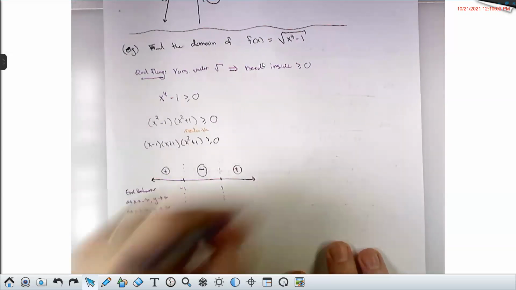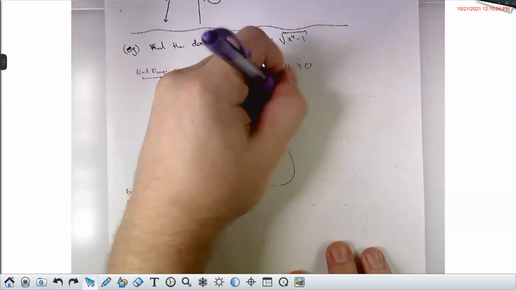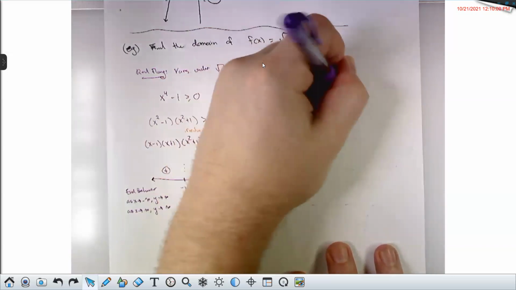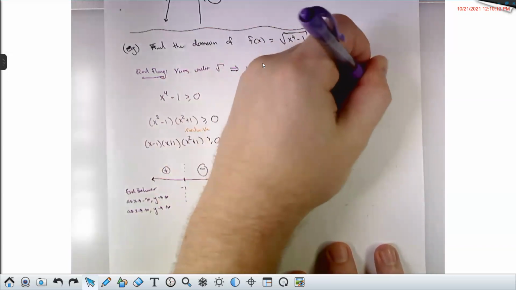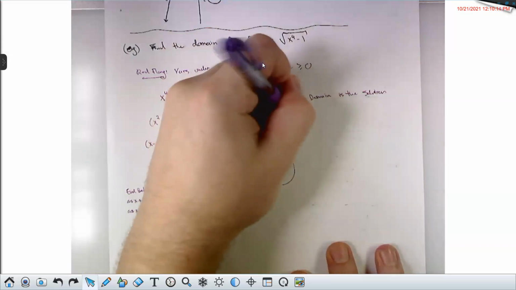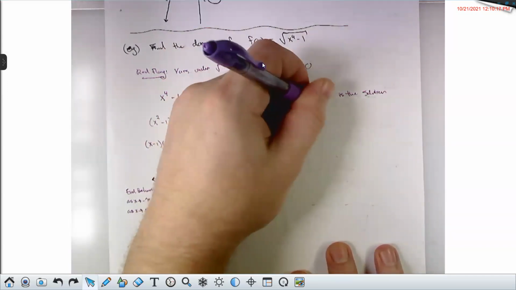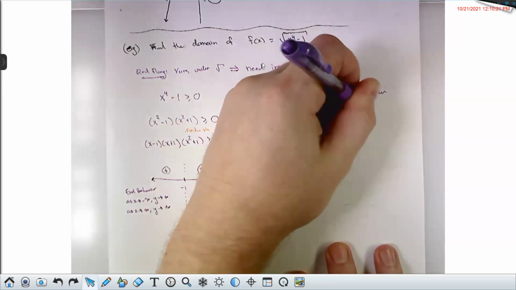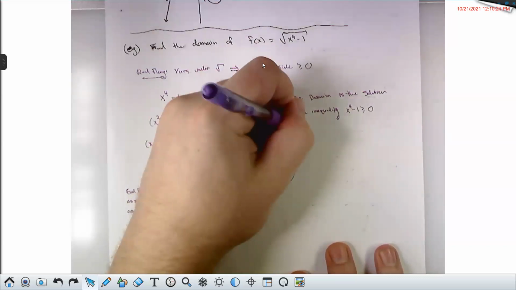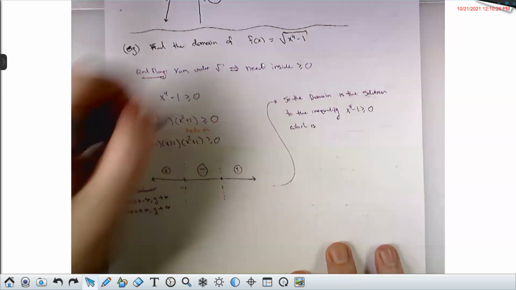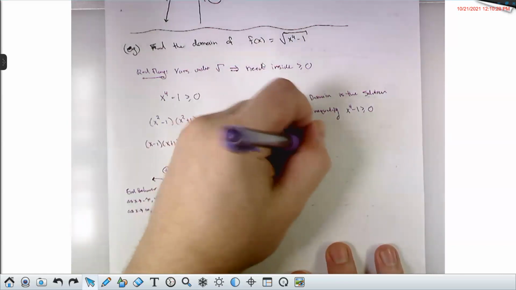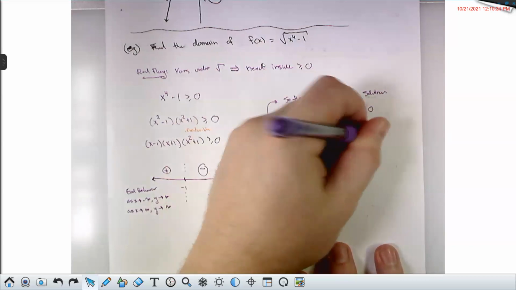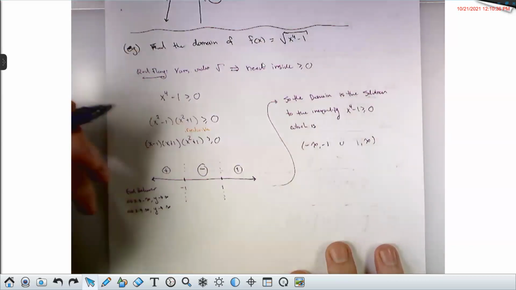So the domain here is the solution to the inequality x to the 4 minus 1 is greater than or equal to 0, which is negative infinity to negative 1 union with 1 to infinity, always parens on the infinities.